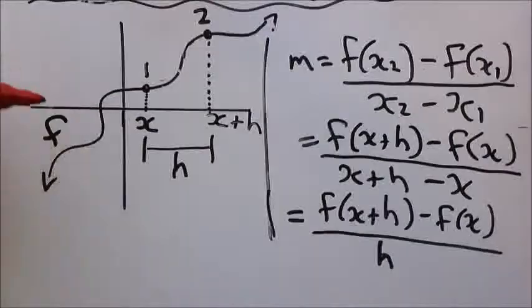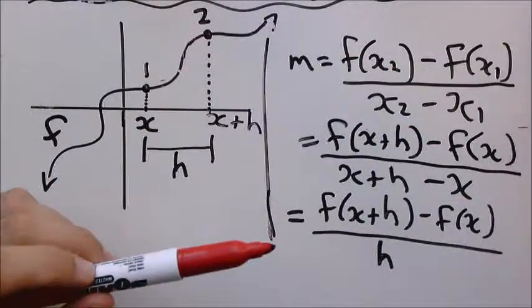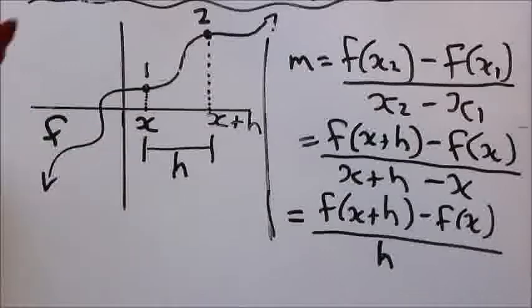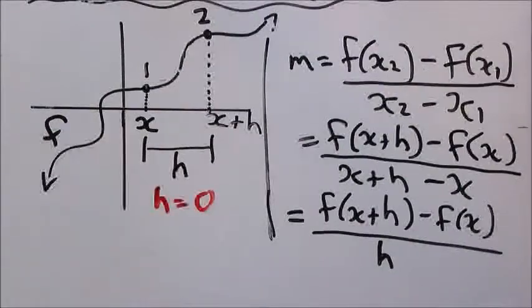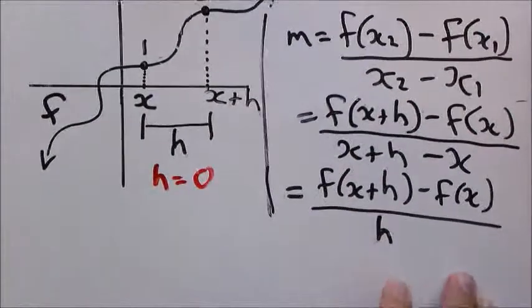Which will give us, if we use the method of the average gradient, the specific gradient at that point. So we want h to become 0. But that's where the problem is. h cannot become 0, because if it becomes 0, this whole expression becomes undefined, because we are dividing by 0 there. And that's where the challenge lies.